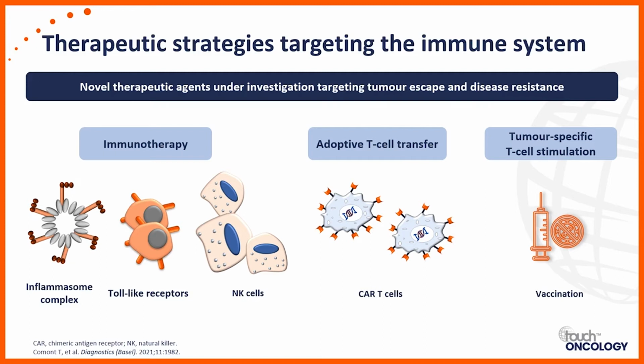And finally, what we have known for a long time, but has never been developed broadly for myelodysplastic syndromes and AML, is tumor-specific T cell stimulation with vaccination. So I think that in the next few months and possibly years, we will see very interesting development of immune therapy in myeloid disease.